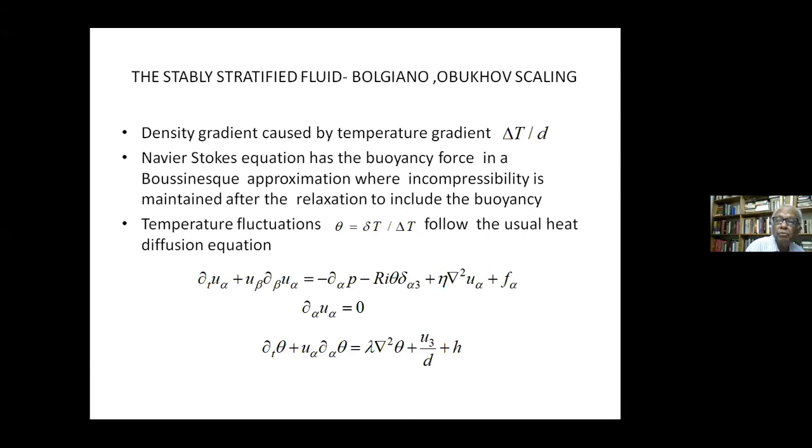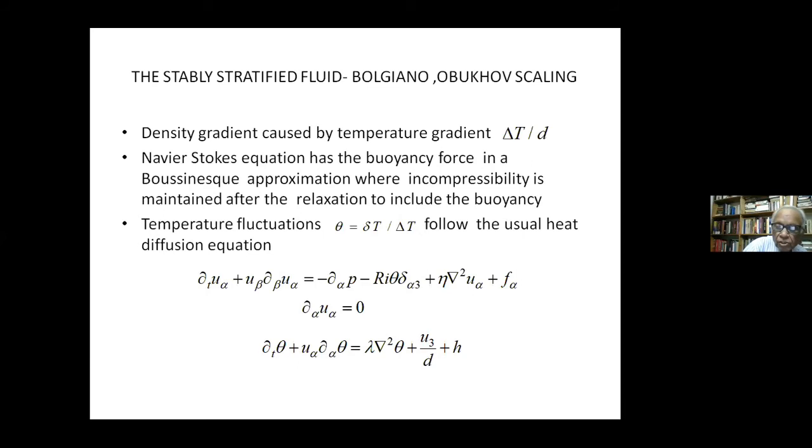In the Boussinesq approximation, one can write it down in a very convenient form. The Boussinesq approximation means that incompressibility will be maintained, except when G, the acceleration due to gravity, which is the big number over there, comes in.